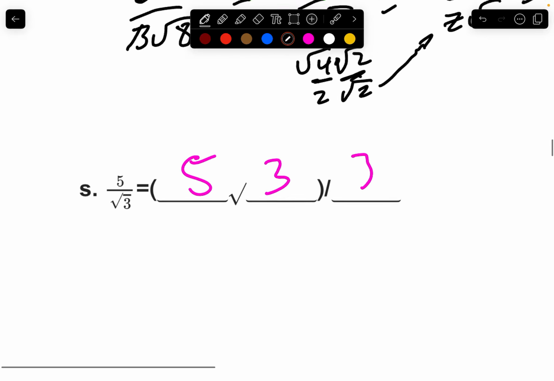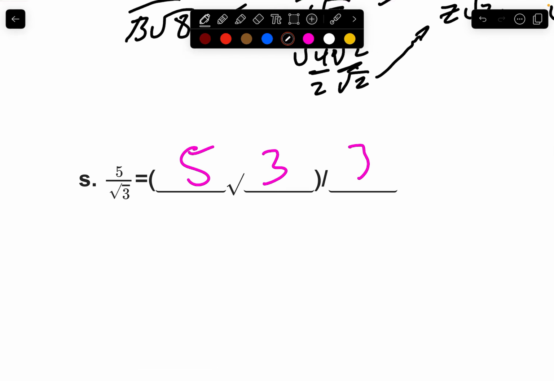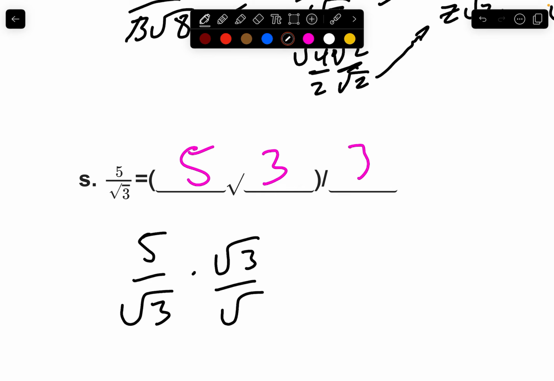All right. Over here, this is as easy as these get. I'm not saying it's easy. It's not easy. I know it's not easy. Calm down. Didn't say it was easy. I said this is as easy as these get. Nothing reduces. There's a single irrational number on the bottom that we need to rationalize.